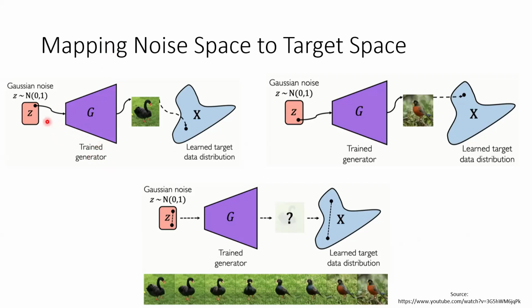This trained generator would map to a Gaussian distribution in the Z space, because when you are training a latent space, naturally it would follow a Gaussian distribution, right? So if you take a random point in this Gaussian space, the generator would create a certain image in the real image space.